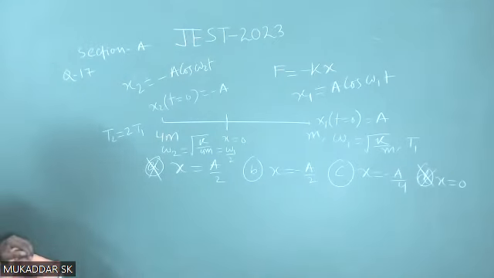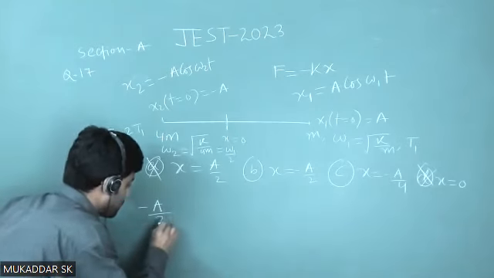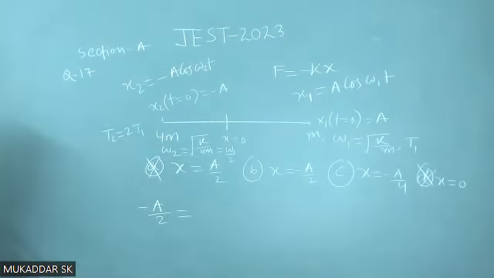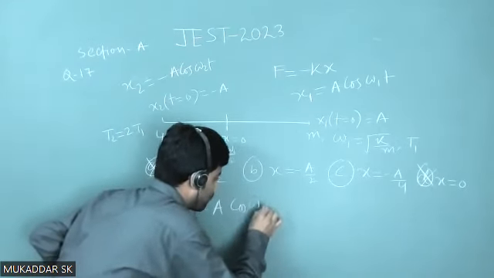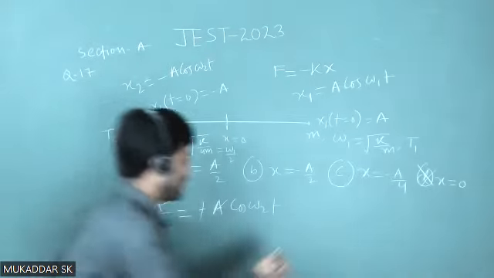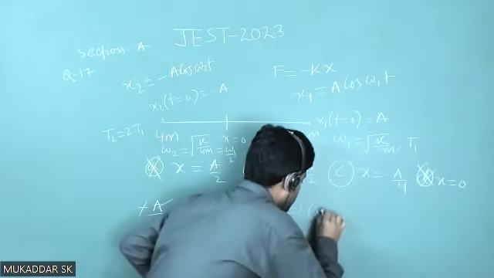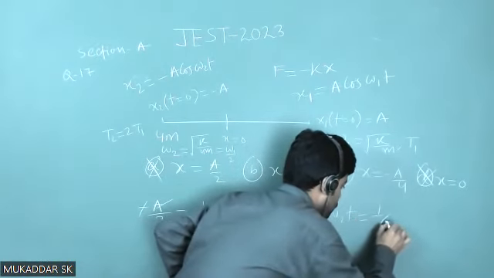Now if I substitute x2 equals minus a by 2 for the 4m mass, on the right hand side you will have minus a cosine of omega 2 t. So this a will be cancelled, minus will be cancelled. As a result, you will get cosine of omega 2 t equals 1 by 2.